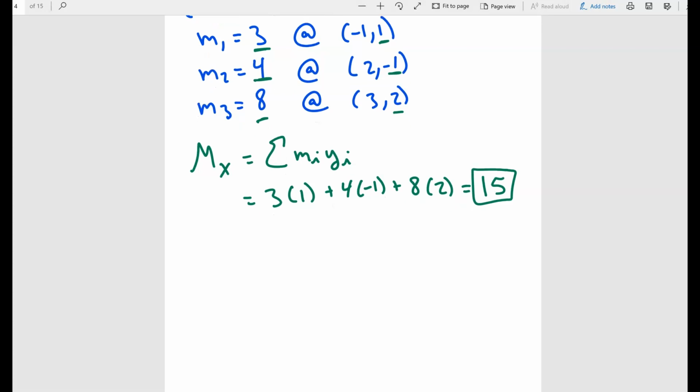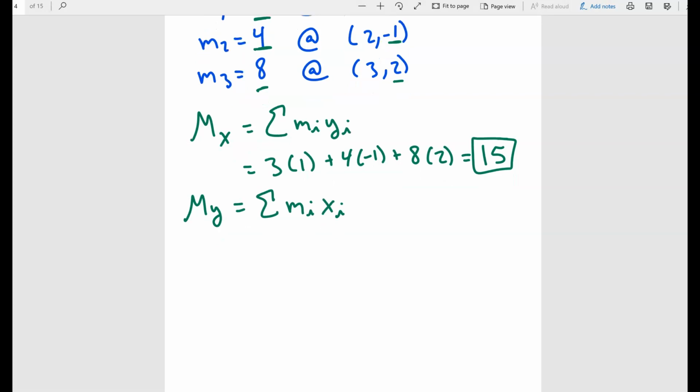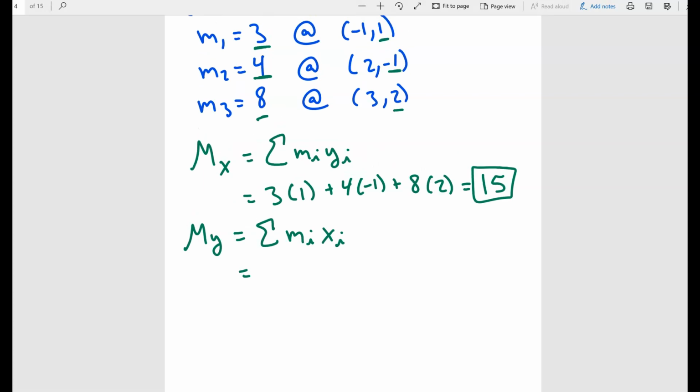All right, and now we're going to find the moment about the y-axis. That's a summation of m_i times the x_i's. Now we're going to do the masses again, so let me make this in a different color, maybe this purple.